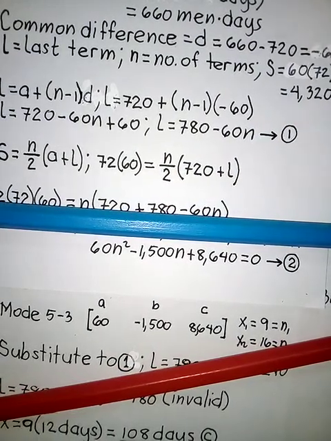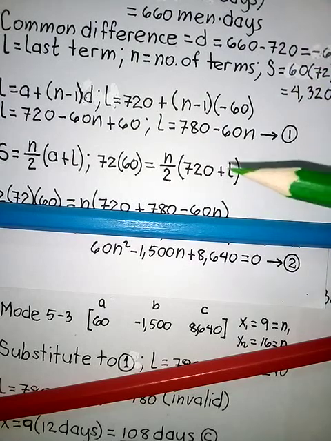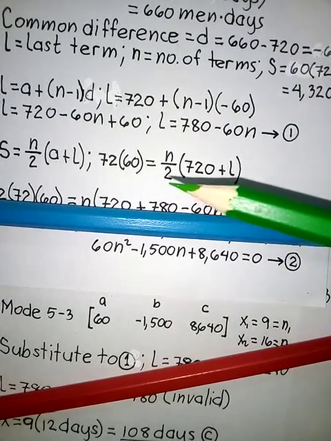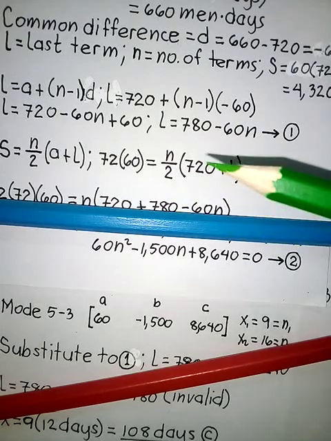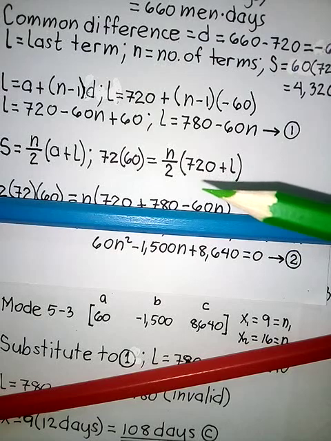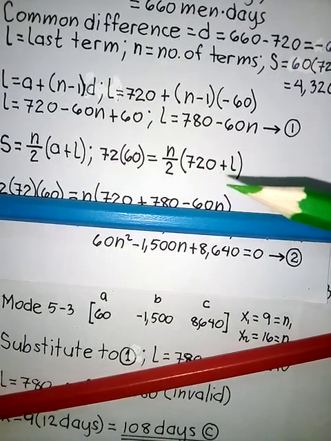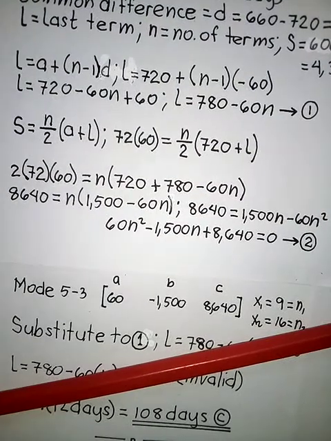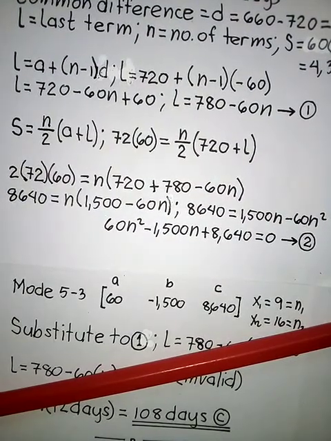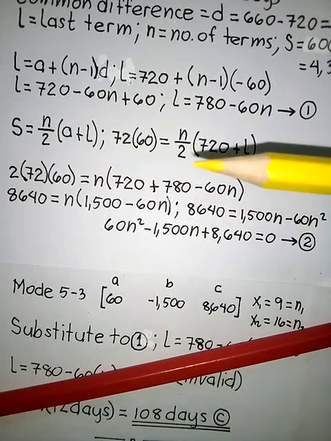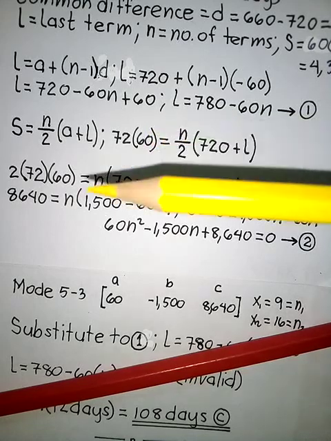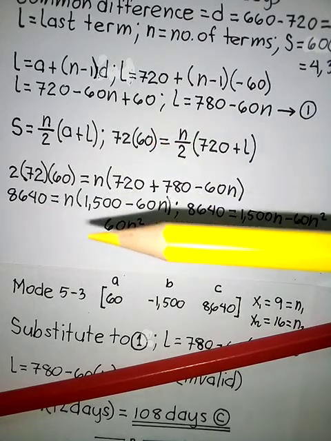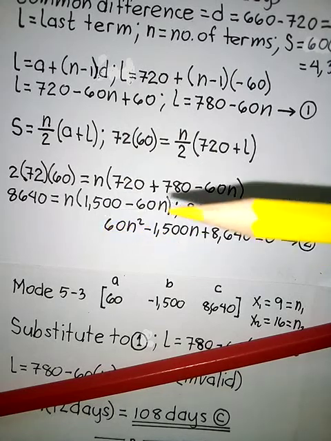So 72 times 60 is equal to n over 2 multiplied by the first term, 720, plus the last term. Manipulating this, 2 times 4,320 is equal to 8,640, multiplied by n.